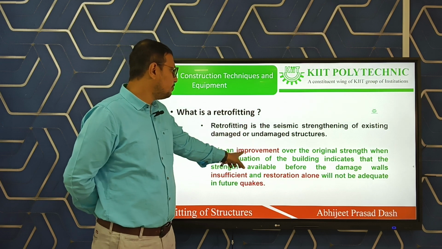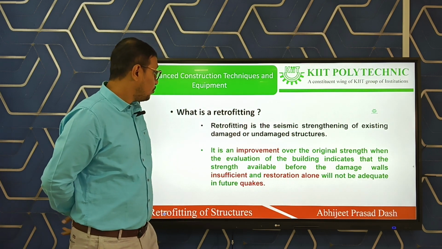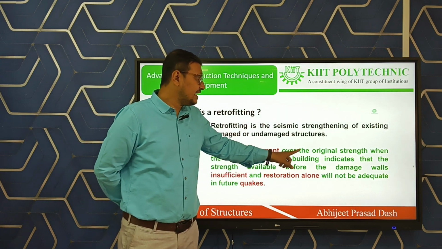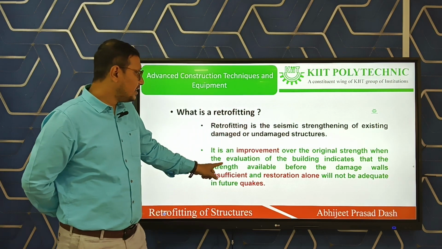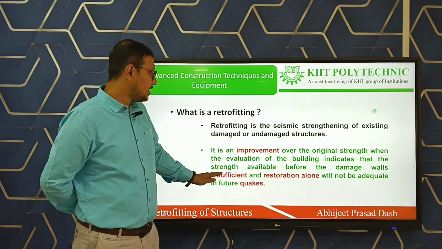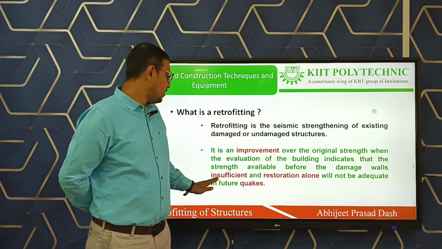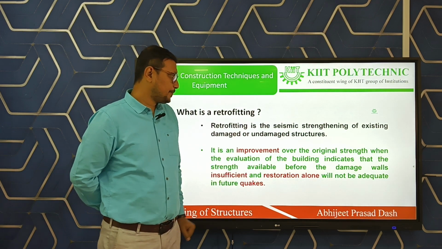It is an improvement over the original strength when the evaluation of the building indicates that the strength available before the damage was insufficient and restoration alone will not be adequate in future quakes.